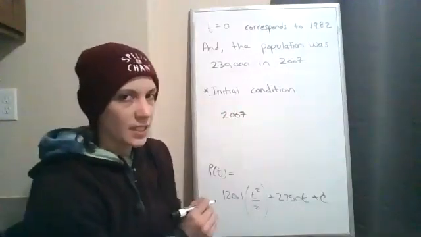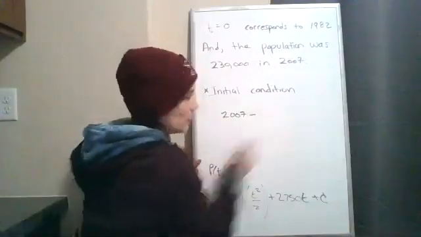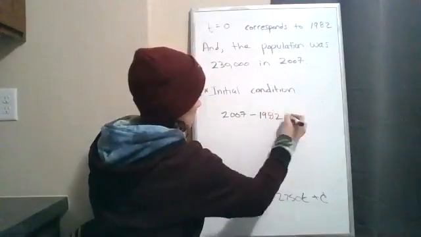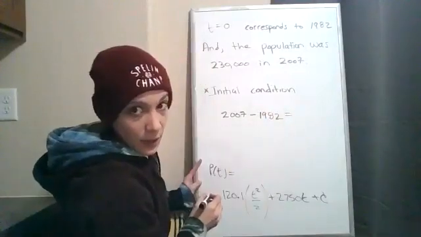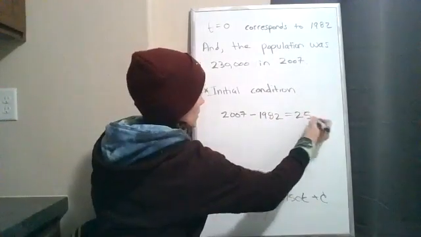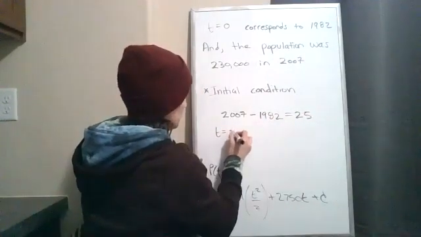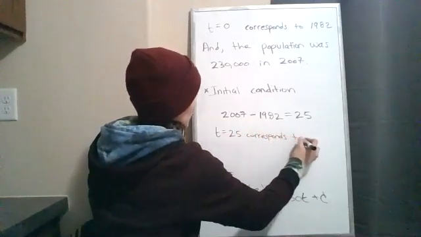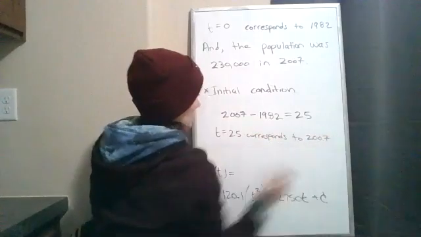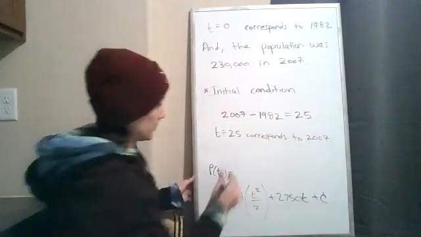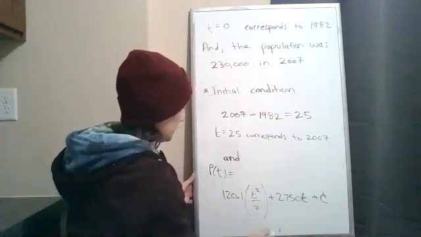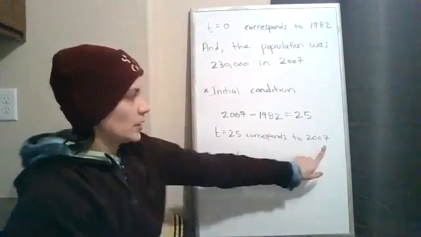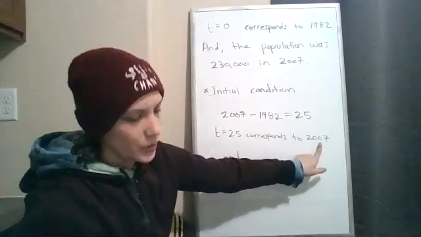So you have to figure out what t value that year would be by subtracting the initial year, 1982. I got 25. For that value of t, the population size was 230,000.